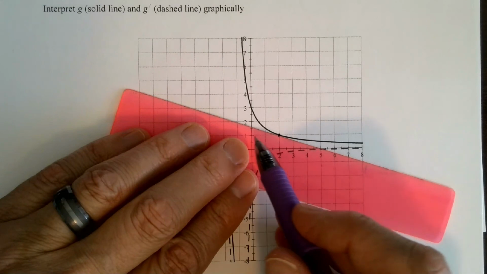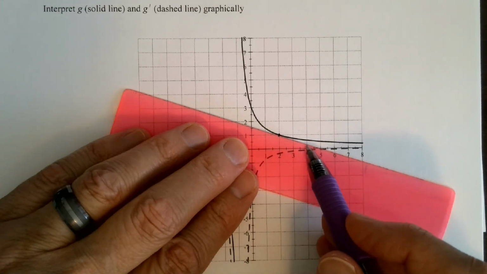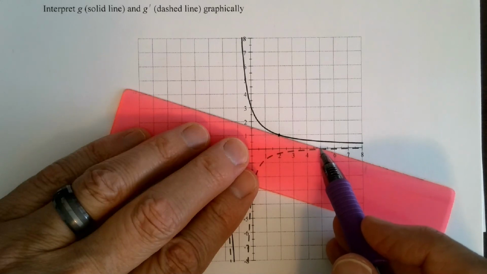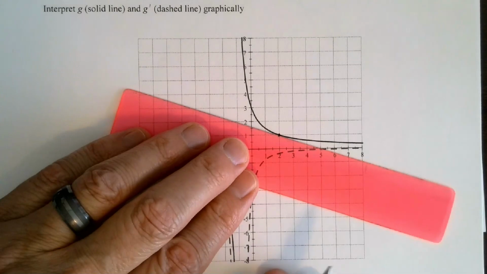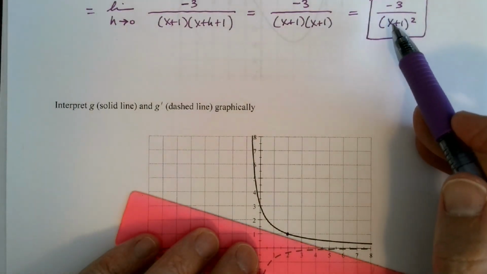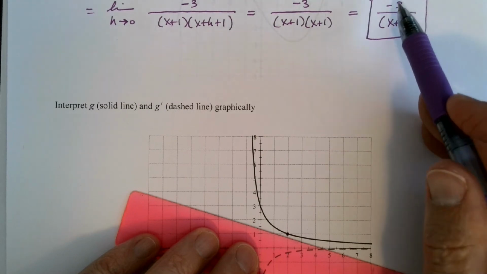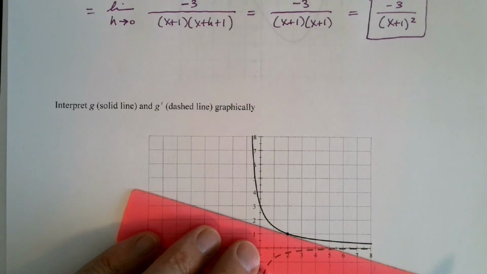Notice it's negative because as we move down from this point on the line, the top of the ruler is my line, to maybe that point 5 comma 0, I go down 1 over 1, 2, 3, negative 1/3. Notice that's consistent with our formula. If I plug in 2 here, I get 2 plus 1 is 3, 3 squared is 9, negative 3/9 simplifies down to negative 1/3. So that's a good thing.